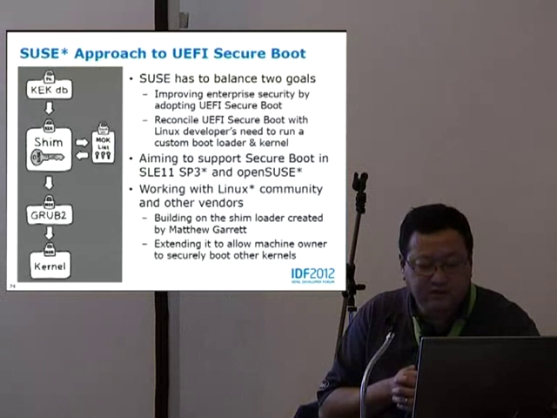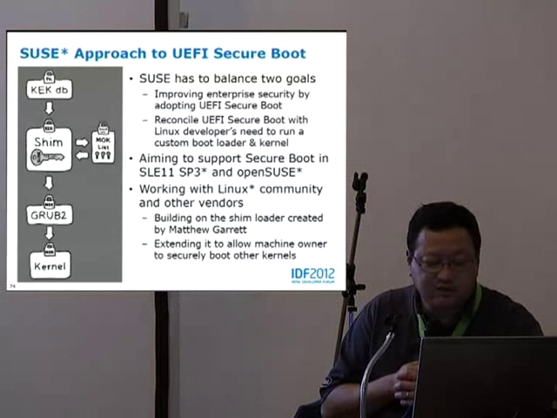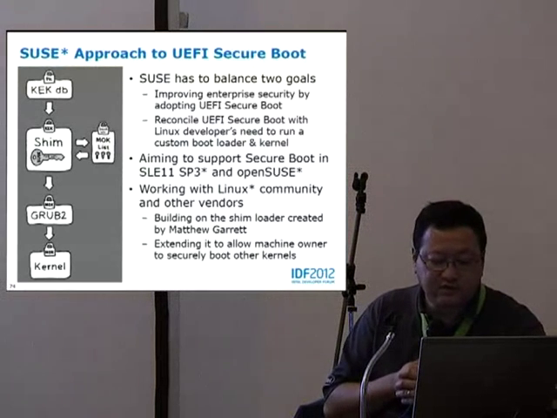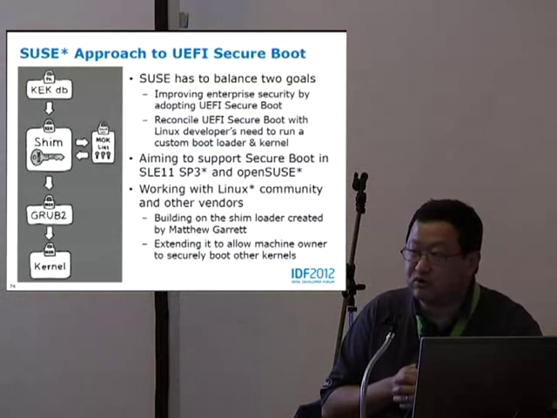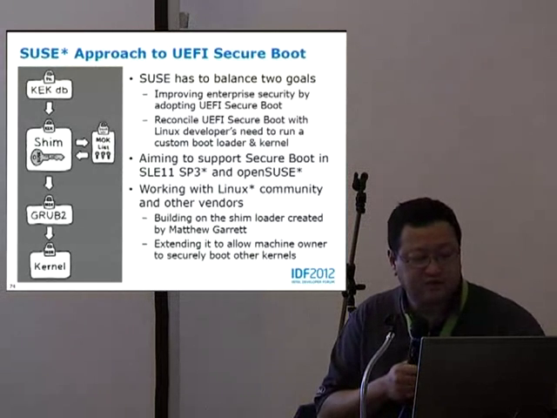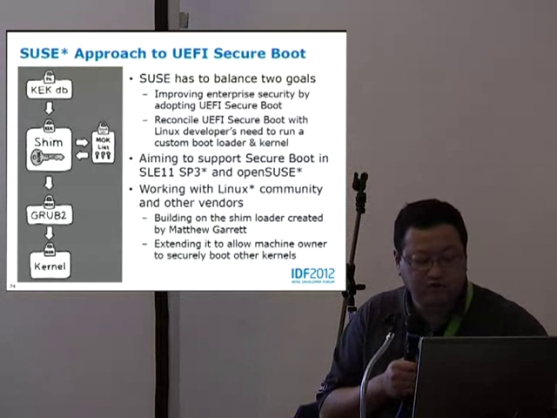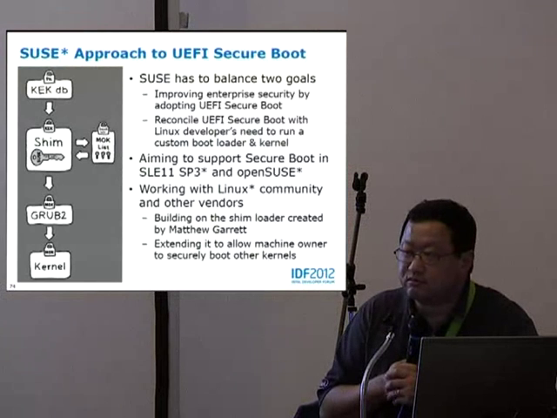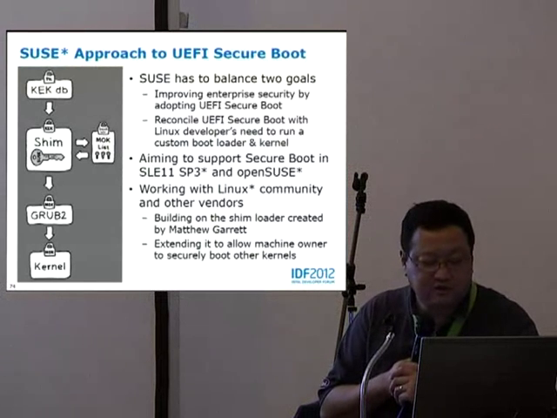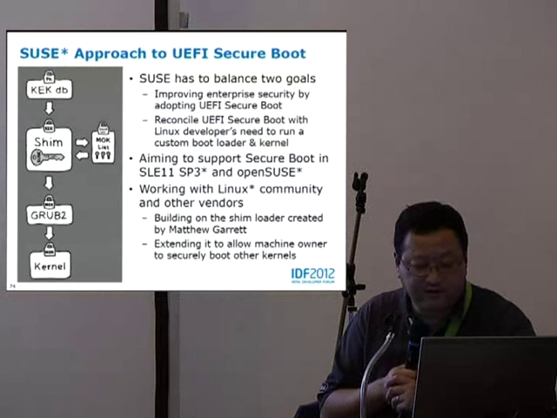So Wojtek has come up with a scheme where there's an MOK list, which will allow you to get additional keys into the system, so that if you choose to build your own kernel and your own third-party drivers, you have a way of getting those keys into the system, in addition to running a signed image of grub2, which is in this MOK list, that you can also sign your own kernels and run not just your SUSE signed kernels, but additional kernels that you choose to build on your own, and any third-party drivers as well.